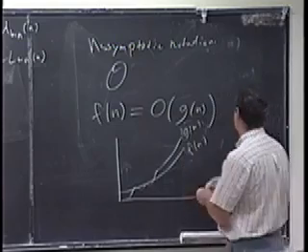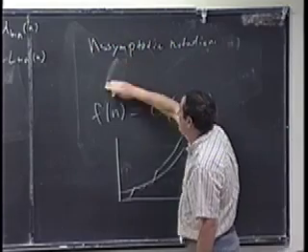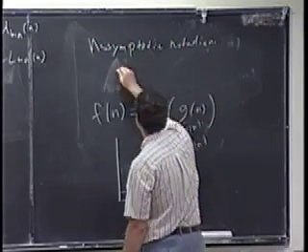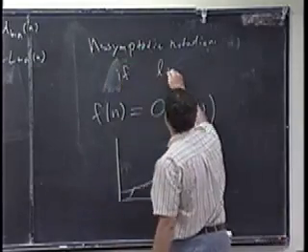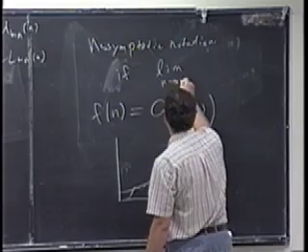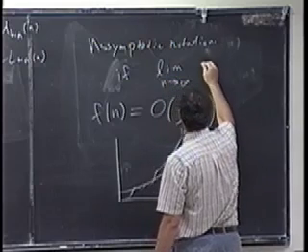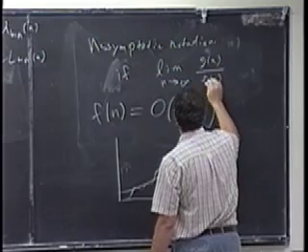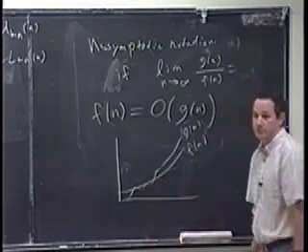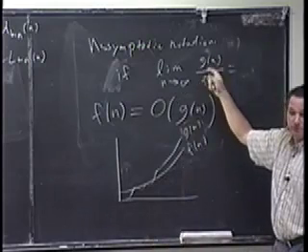And let me just write that a little more precisely. I can say f of n is big O of g of n if in the limit, as n goes to infinity, g of n over f of n, well, what do I want for this? What are the possibilities?